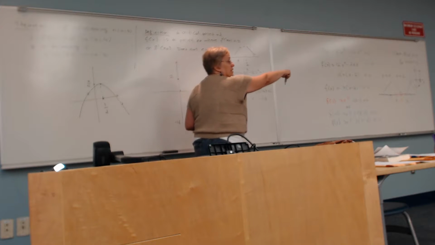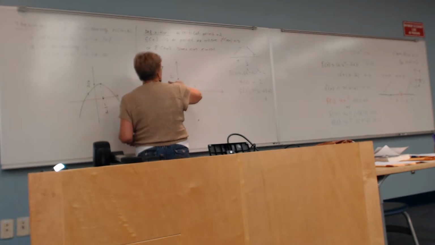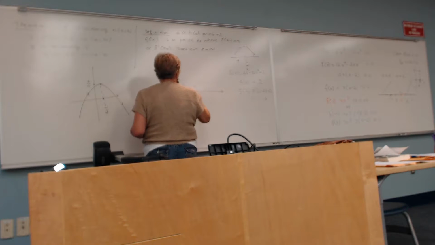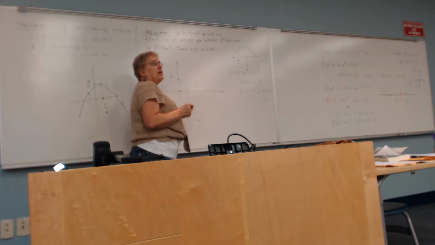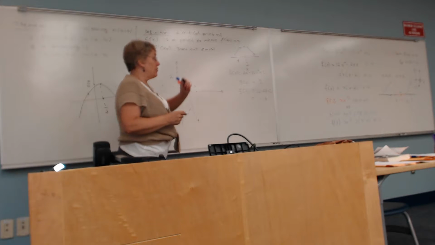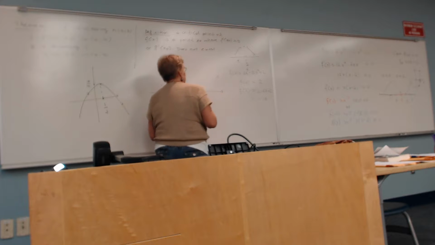So that's the graph of the derivative over there. So the function must go up to here, right? So increasing. Then it must go down to this point, right? Up, down, and then up again, right? And here is your graph.